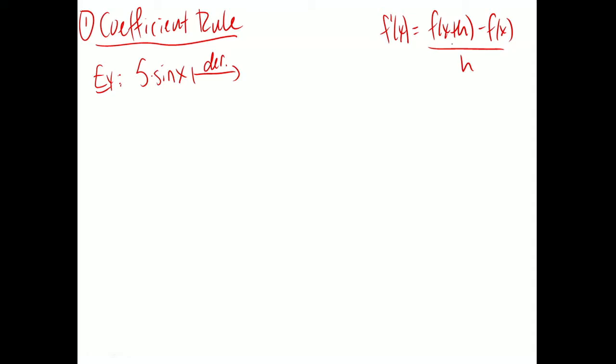Well, if this whole guy is f of x, because the question is what's the derivative of that, then f of x is 5 times sine of x. So if I fill this in, that would turn into 5 sine of x plus h, minus 5 sine of x, all over h.